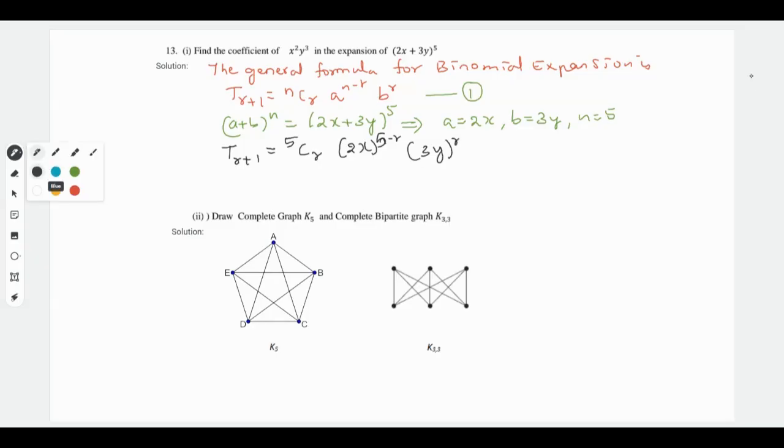Now we compare the values of the coefficient they are asking for, that is x squared y cubed. If you compare the y value, that is y with (3y)^r, so y^r with 3 y cube is equal to y^r, means r value is 3.